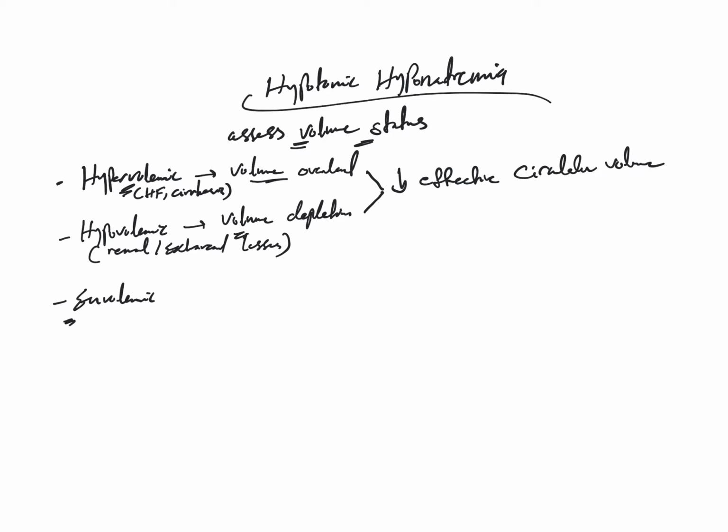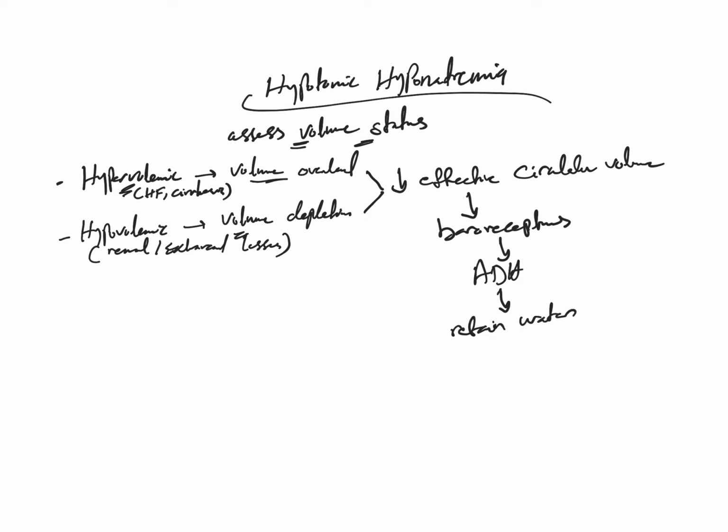Let me just delete this so I can have space for now. This will lead to activation of baroreceptors and release of ADH. So two things will happen. The ADH will retain water in the collecting duct, and in the proximal tubules the body will absorb more sodium and water. So we have reabsorption of sodium and water much more than normal in the proximal tubules because of the decreased effective circulatory volume, and we have activation of the ADH.